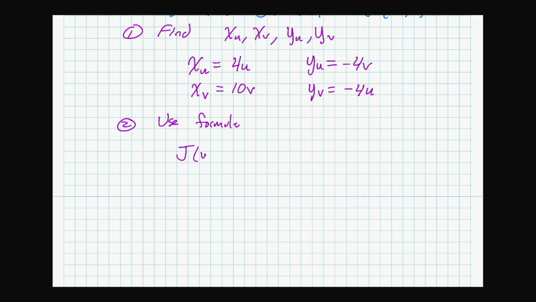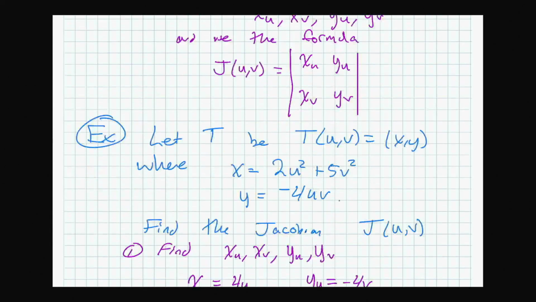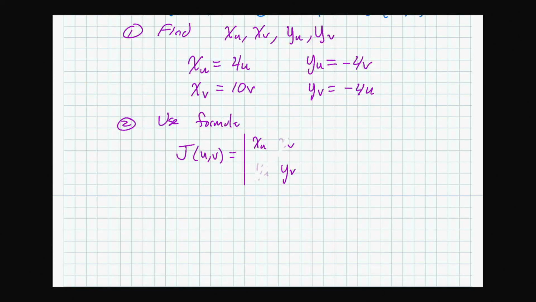So J of u, v is going to be, what is it, x_u, x_v, y_u, y_v? Is that correct? Nope. I knew I was going to get it backwards at some point. x_u, y_u, x_v, y_v. It's actually the exact order that I put them there. So you have 4u, negative 4v, 10v, negative 4u. And this is just the determinant.